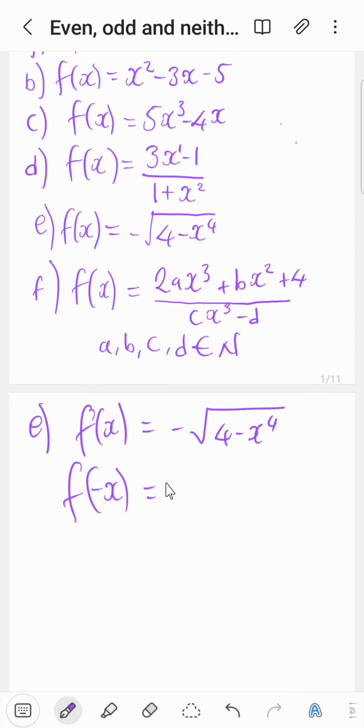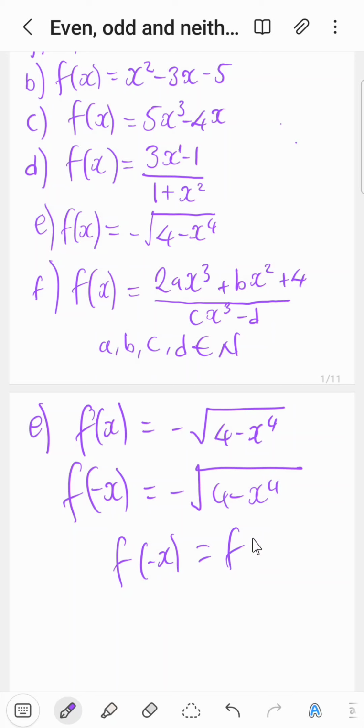So what's our f of negative x? So when you place negative x on the function there, you have positive x, so it will be just like that. So without even going any further, you simply know that our f of negative x is equal to f of x.